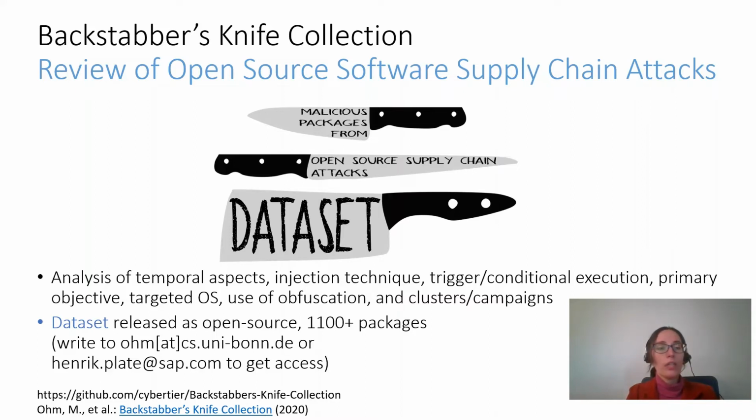It's sufficient to write an email to the emails reported in the slide, which are the two first authors of the corresponding publication Backstabber knife collection. And you will get access to the GitHub repository hosting the dataset. As of today, it has more than 1,100 packages. And for the cases where it was possible to obtain the malicious code, it is also available.